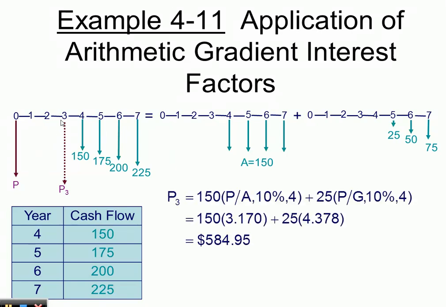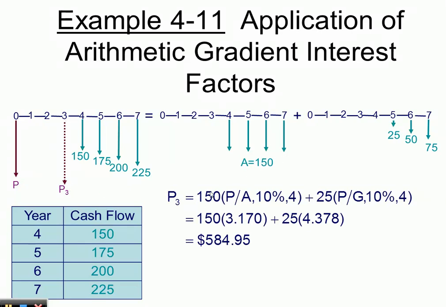So we can move it to P3. We cannot move it right away to 0 because it doesn't look like the structure we would assume. If we were able to move it to 0, we would also need the gradient as a uniform series starting at 1 and then the gradient starting at 2. That doesn't happen. But looking at it as a uniform series that can be moved to 3, that would work. So we first find P3.